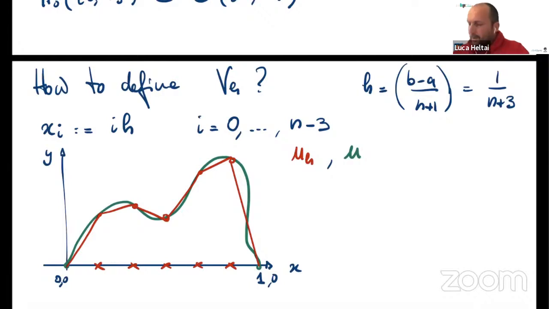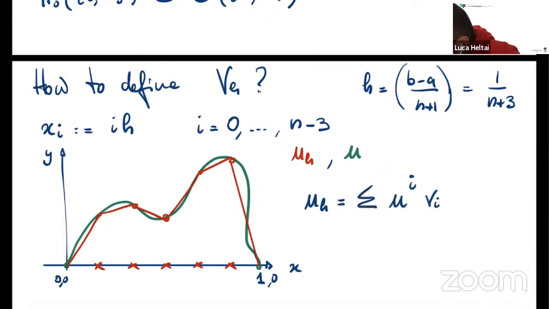And I would like first of all to express uh as a linear combination of ui, vi. Okay, and in a certain sense, I would like these i points to be in a number which is equal to n. Let me write this explicitly.